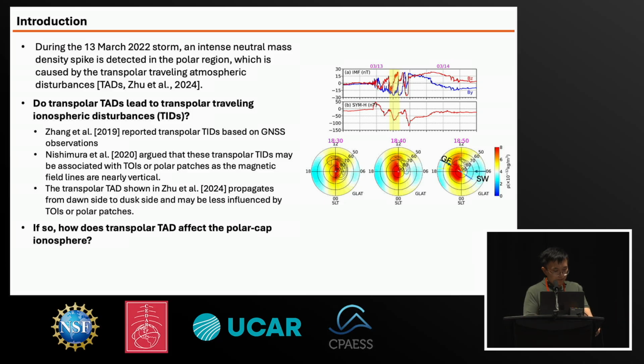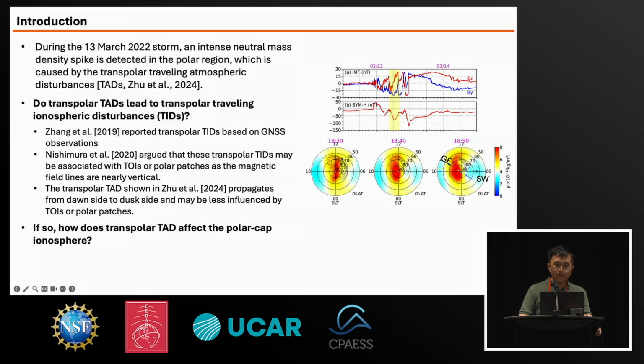So the period we are talking about is just highlighted by, let me use the mouse, it's just during this period when the IMF By has a strong negative component. And as you can see, the figure below shows the temporal variations of the neutral mass density.